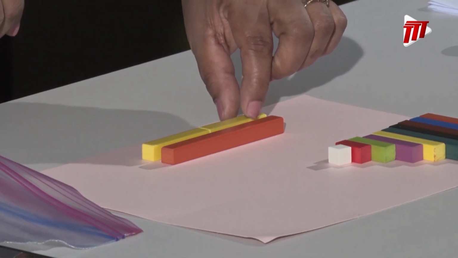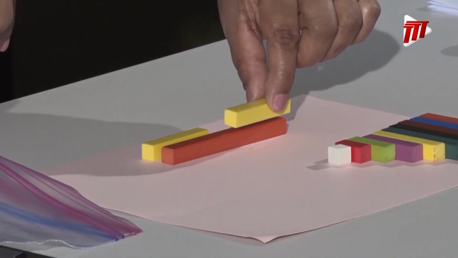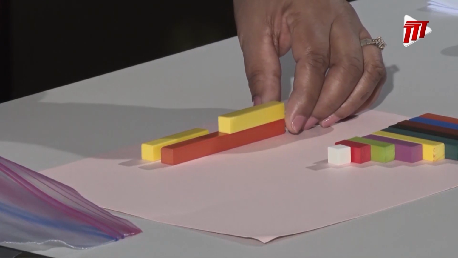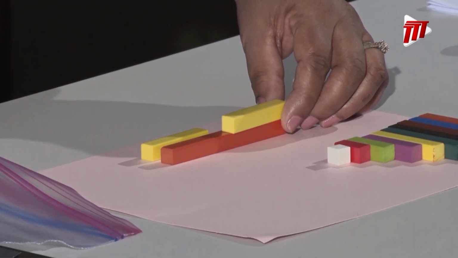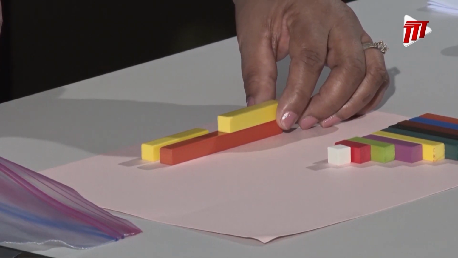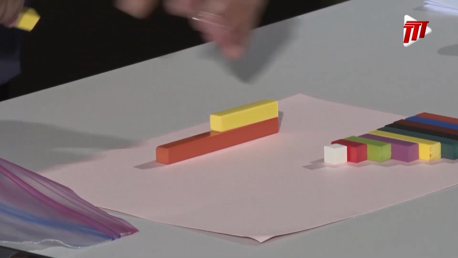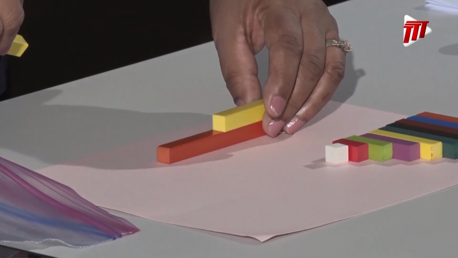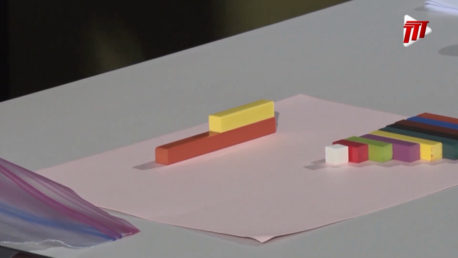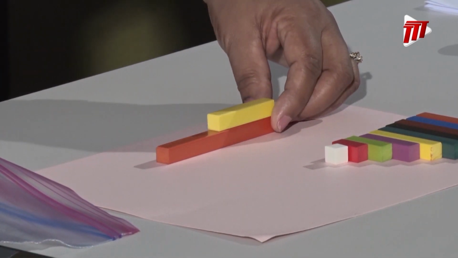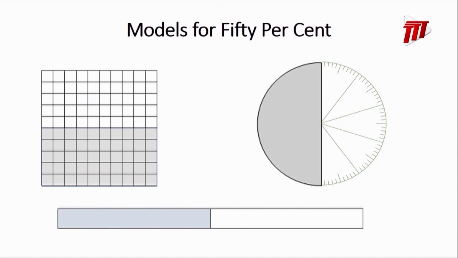So I can represent 50% like this. I am showing half of the rod by covering it with the yellow rod, which represents a half or 50% or 50 hundredths. So these are all different ways of representing 50%.